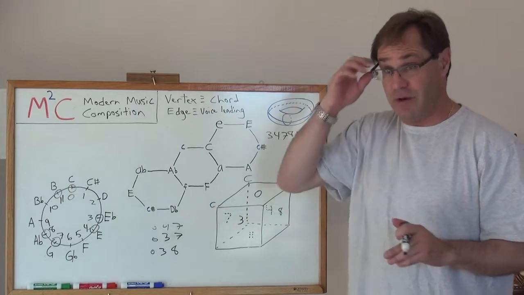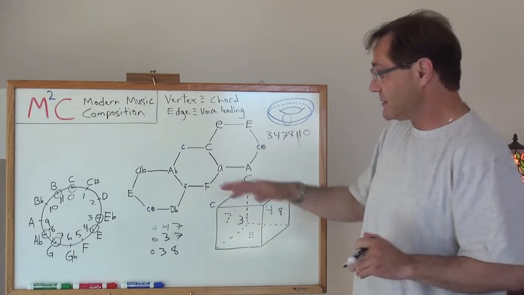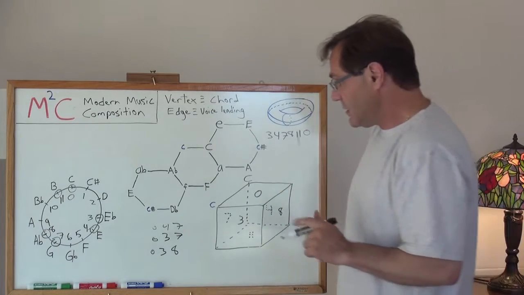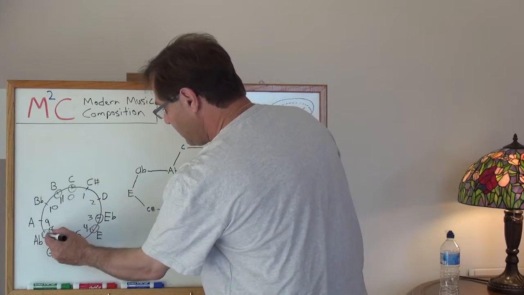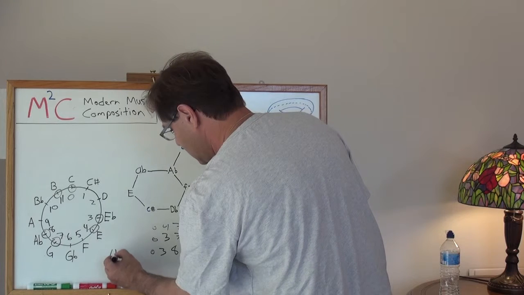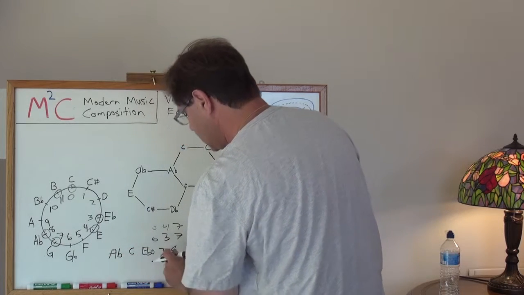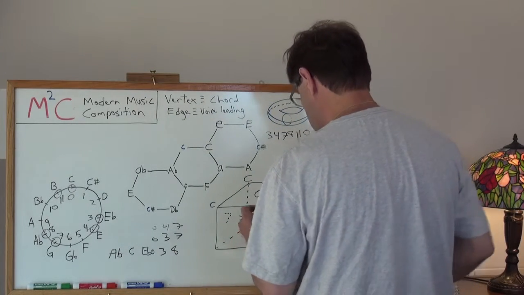You can change the ordering, because I know I'm having to come up with major or minor triads here because that's how our diagram is defined. So we've got 0, 3, 8: A flat, C, E flat. That's A flat major, right?